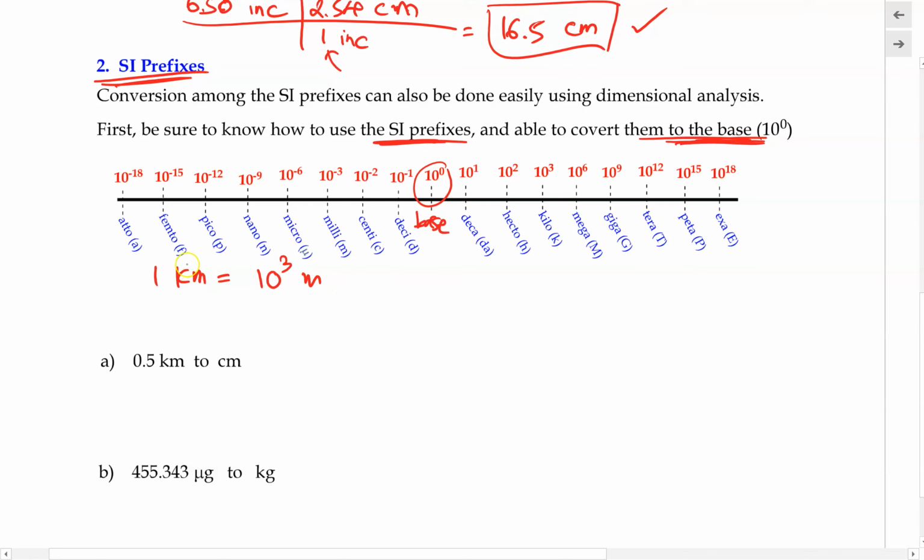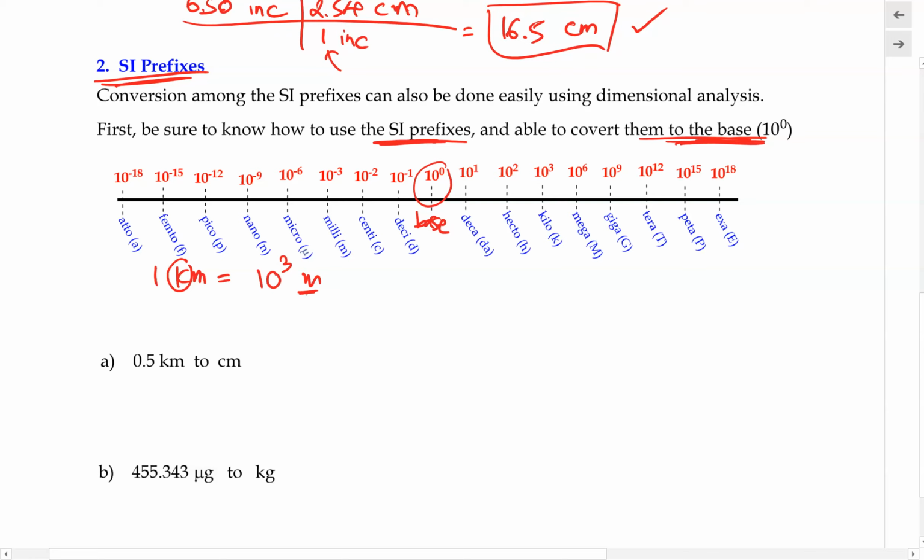So we simply take out the prefix kilo and change it into the exponent that it corresponds to. And this meter is the base, because it does not have any SI prefix on it. So know the relationship between any SI prefix and the one without the prefix on it. That's something we call the base prefix.